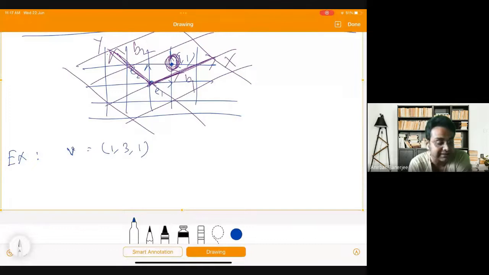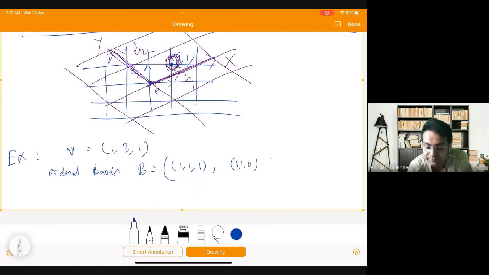And let's say we are given an ordered basis B: the first vector is 1 comma 1 comma 1, the second is 1 comma 1 comma 0, and another is 1 comma 0 comma 0.